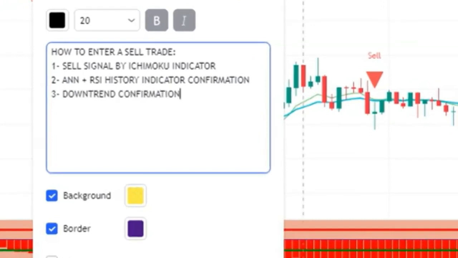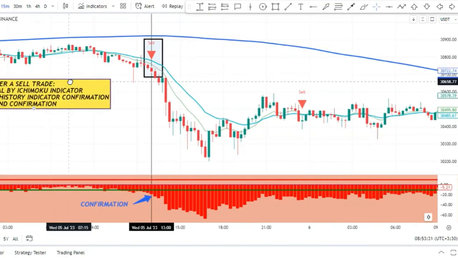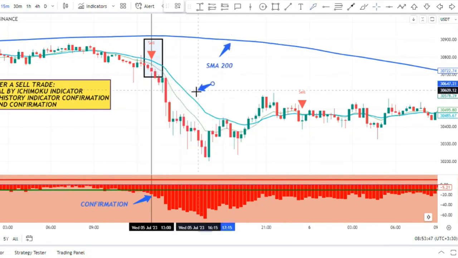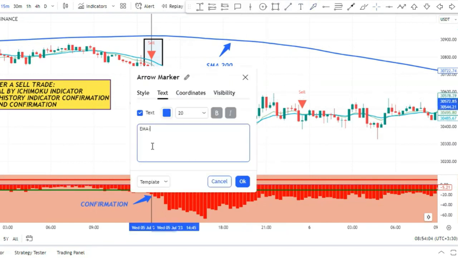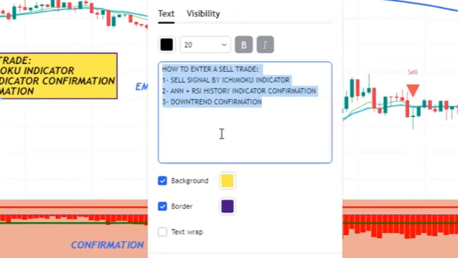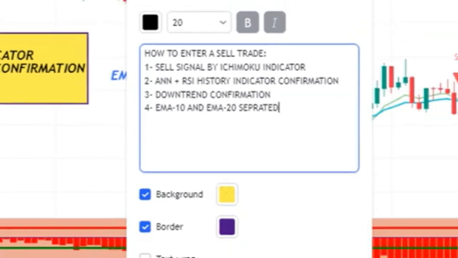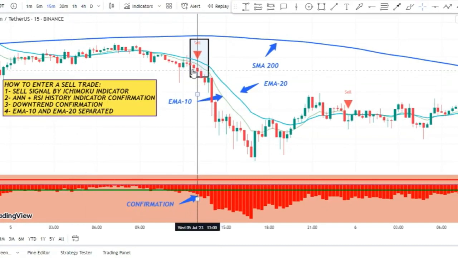Both EMA 10 and 20 must be parked below the SMA 200. Finally, to fully validate the sell signal, the EMA 10 and EMA 20 have to be split apart and not going sideways. So when all conditions are met, we're cleared for takeoff.